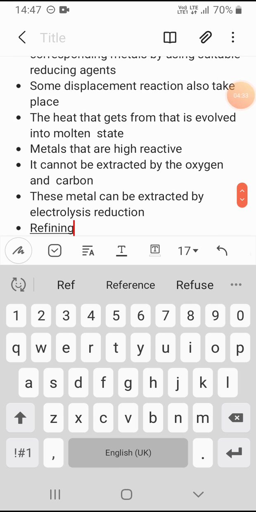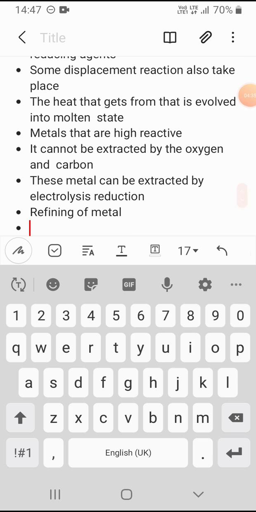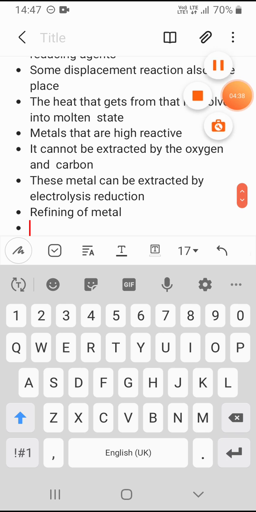Refining of metal, as I said, is done by electrolytic reduction or refining.